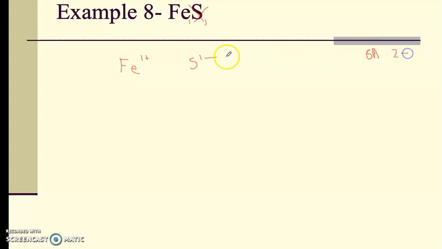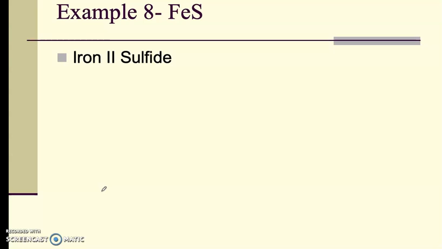It should be a 2 minus, so that means you multiply this by 2 to get 2 minus. So on this side we're going to multiply by 2 to get 2 plus. 2 negative is now the correct charge, and you have 2 plus for the iron. It's not supposed to be 1 minus, it's supposed to be 2 minus. So this one here is iron 2 sulfide.